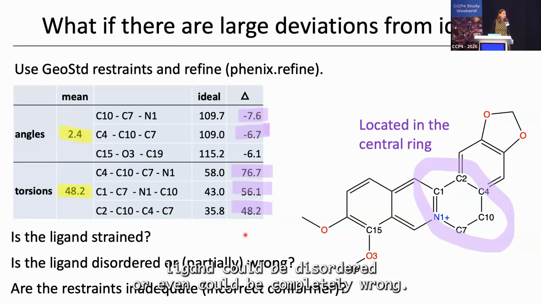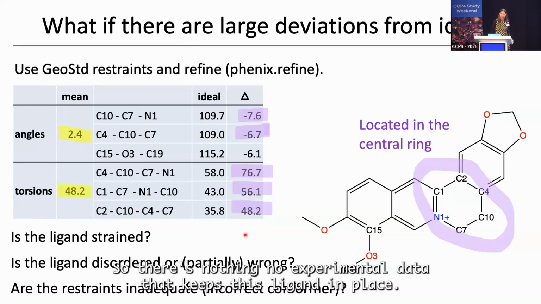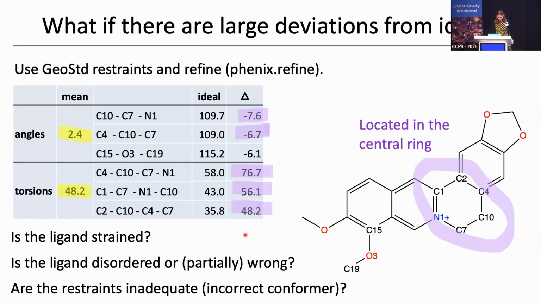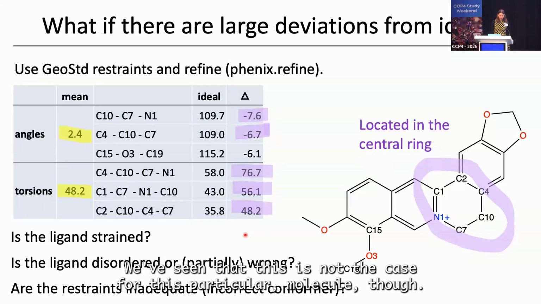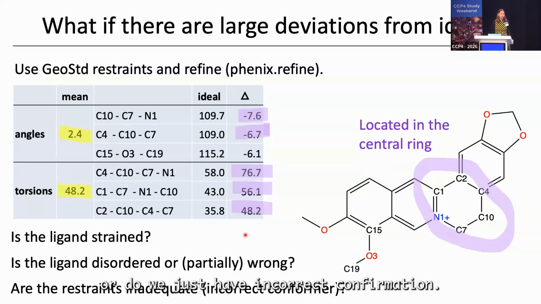Then simply the ligand could be disordered, or even could be completely wrong. It's not there. So there's no experimental data that keeps this ligand in place. We've seen that this is not the case for this particular molecule, though. And then finally, are the restraints inadequate? Yeah, did the restraints program do something wrong, or do we just have incorrect conformers here?